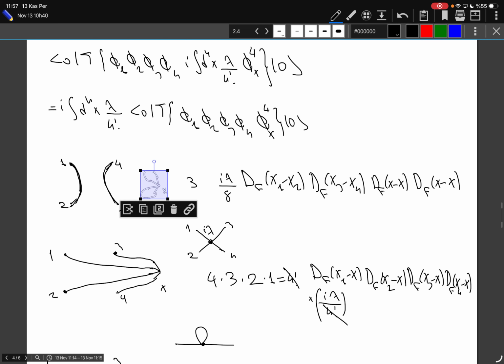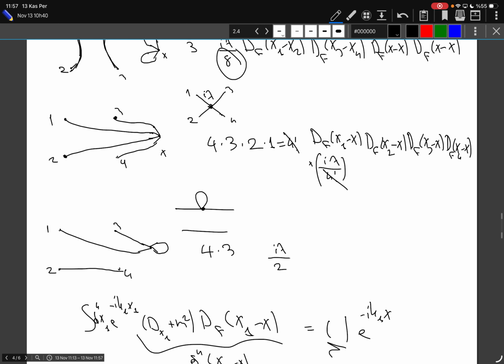Just flipping the upper bubble doesn't change my diagram. Flipping the lower bubble doesn't change my diagram. So there are basically two identical contributions, if you like. Exchanging the upper bubble with the lower bubble also doesn't change this diagram. So that is an 8-fold symmetry. This shape alone has an 8-fold symmetry. And that is what this 8 is.